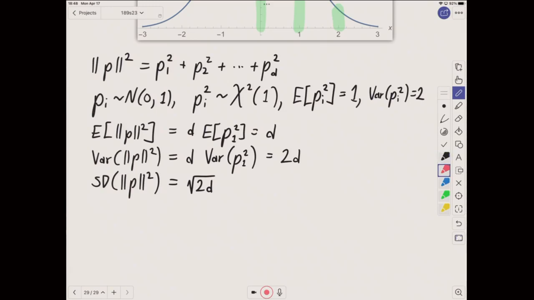So again, the expected value of the squared length is d. The standard deviation of the squared length is root of 2d. So typically, you're going to get p squared is about d, but there's some variation. It has some wiggle room, but that wiggle room is only proportional to the square root of d. So the wiggle room is a lot smaller if d is large than the mean.